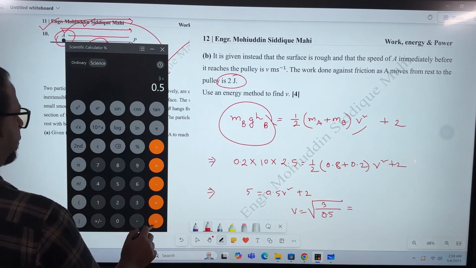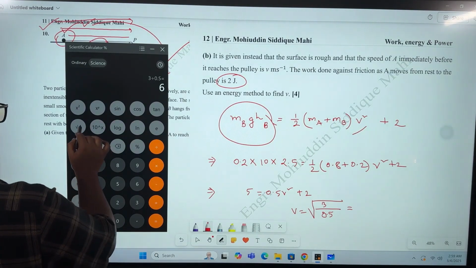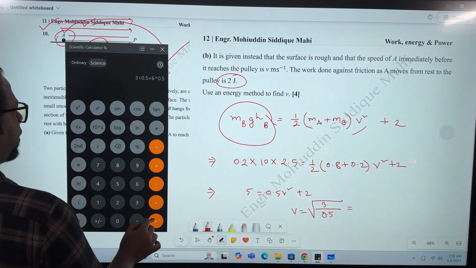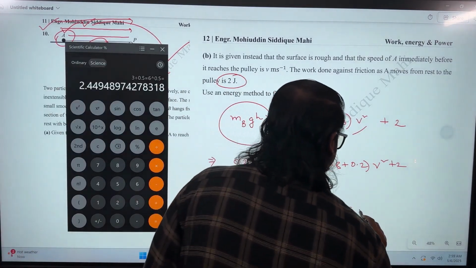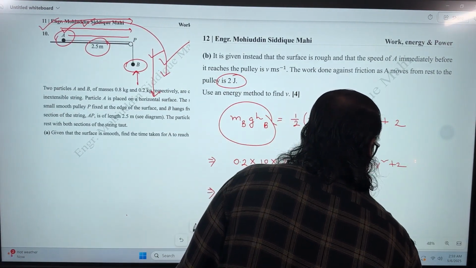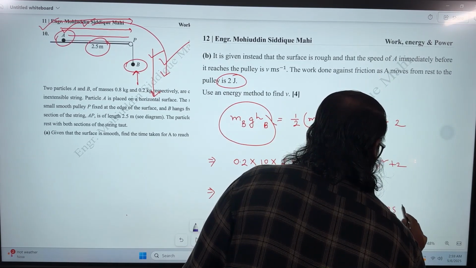Three divided by 0.5, square rooted, 2.45 meter per second. So the velocity will be 2.45 meter per second.